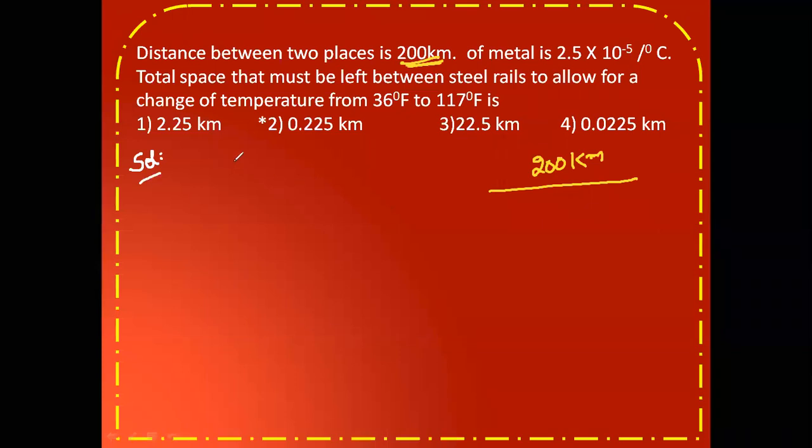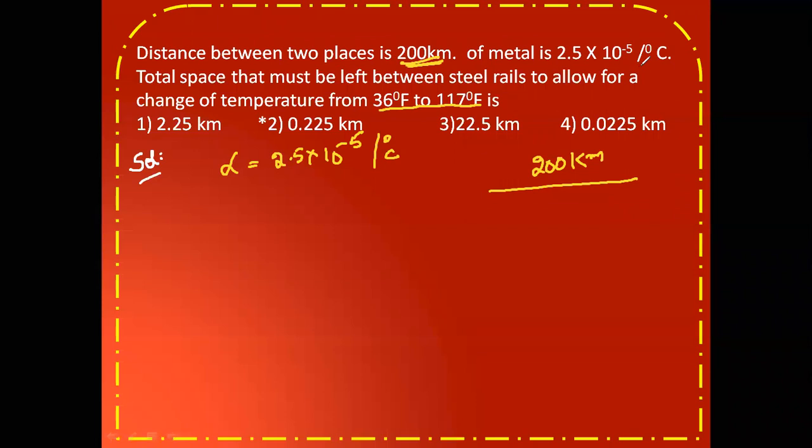The alpha of the metal they gave, alpha of metal equal to 2.5 multiplied with 10 to the power minus 5 per degree Celsius. The total space that must be left between the steel rails to allow for a change of temperature from 36 degrees Fahrenheit to 117 degrees Fahrenheit.